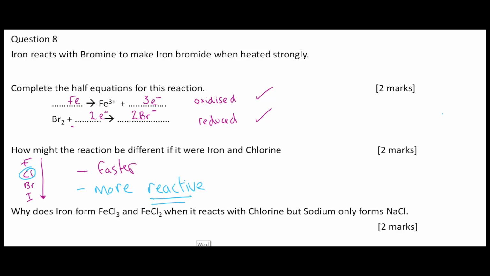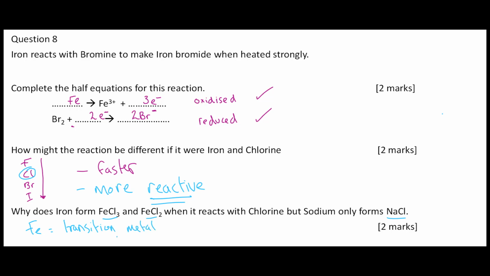Okay, this final question says, why does iron form FeCl3 and FeCl2 when it reacts with chlorine, but sodium only forms NaCl? Well, remember that Fe is a transition metal.